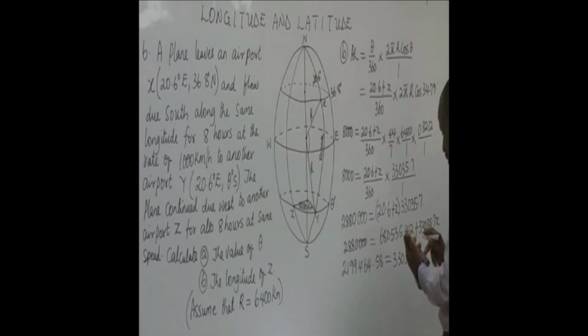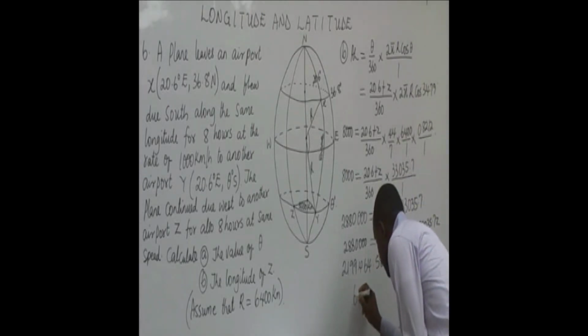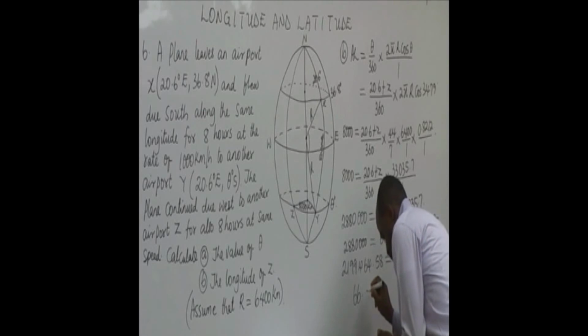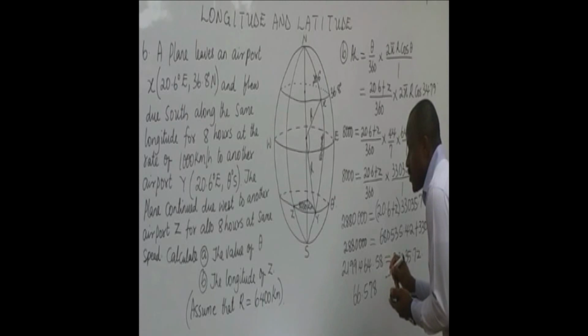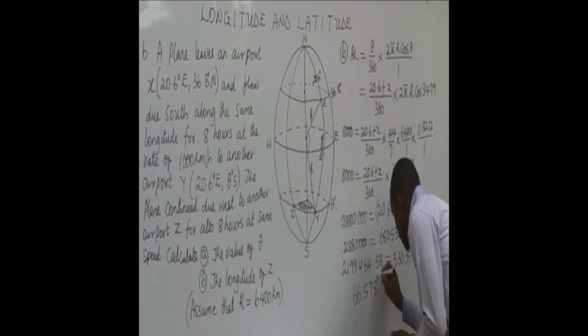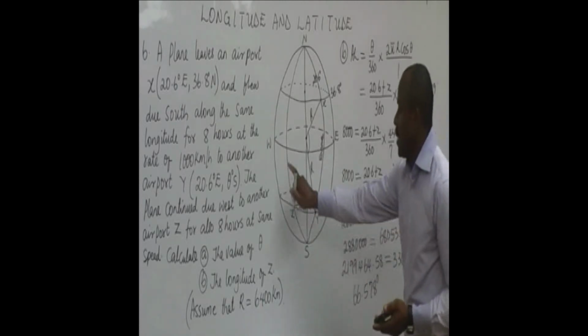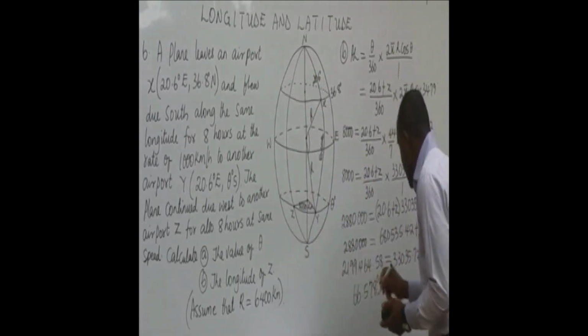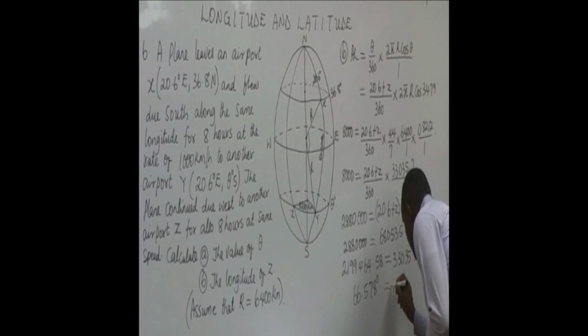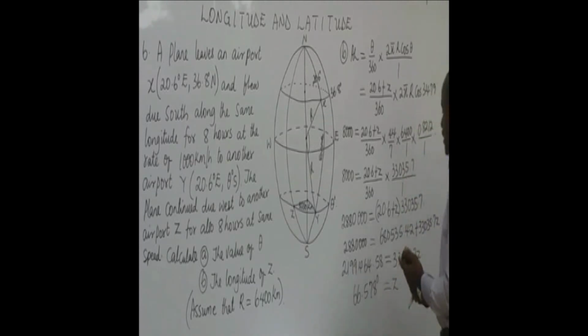It's giving us 66.578 in 3 decimal places, and it's going to be degrees because we are talking of the line of longitude where the plane ended its journey, which is now equal to Z.